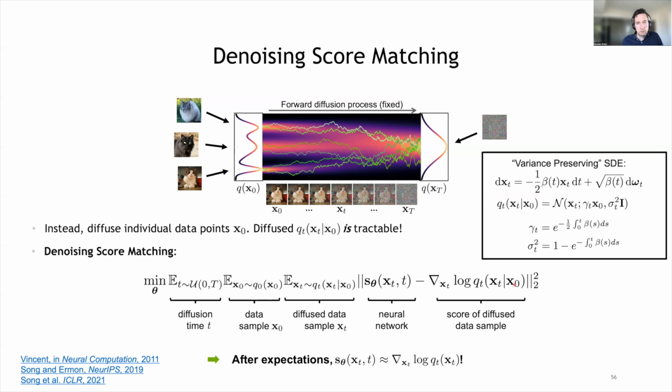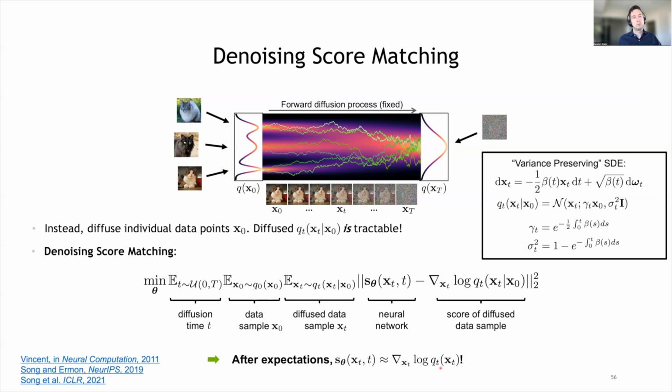We know this is just a normal distribution, so we can take the logarithm of the expression for the density, and also calculate the gradient. Great. And now there's one very beautiful result. After this expectation over the data, it turns out that this neural network will still learn to approximate the score of the marginal diffused data distribution, which is exactly what we need.